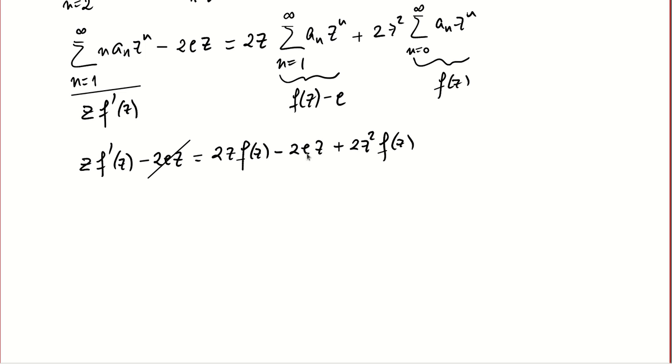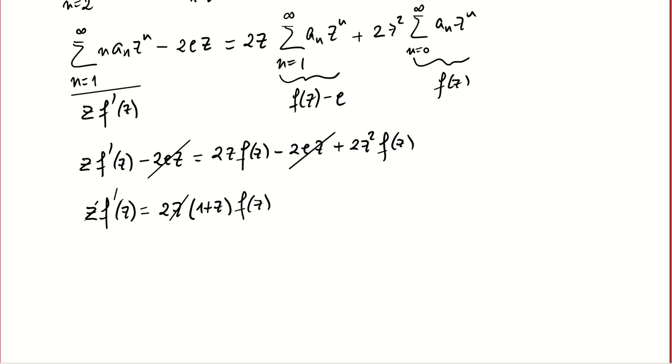Okay, this and this cancel. And we factor out the f here, and then we have z f'(z) is equal to 2z times (1 plus z), because 2z squared is 2z times z, and f(z).